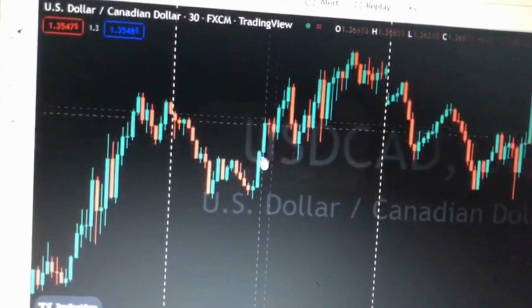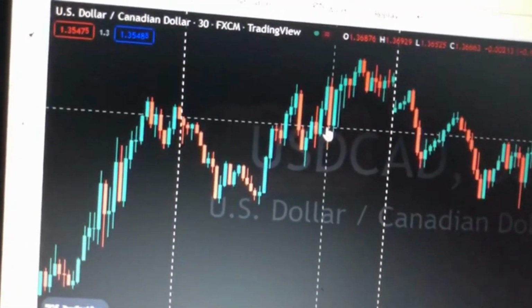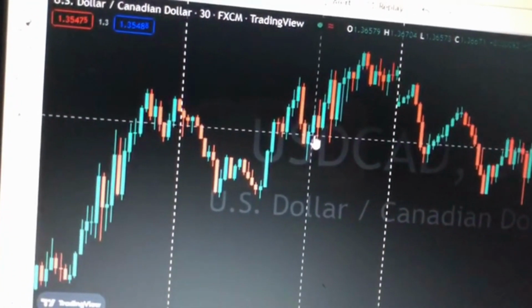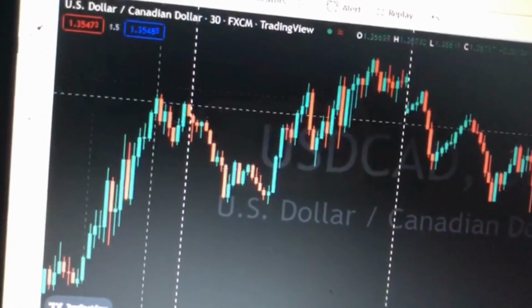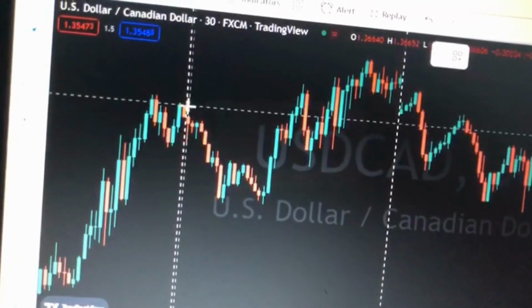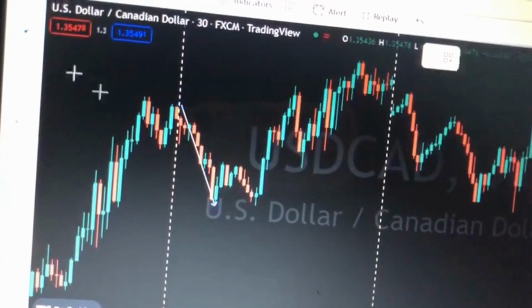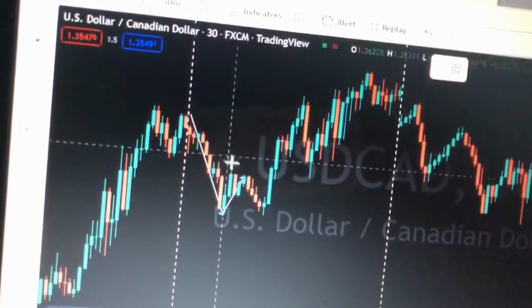So in this area, if you are a newbie or you just want to follow the rules, the low of the day, you just draw your line. This is the first leg, this is the second leg, this is the third leg.